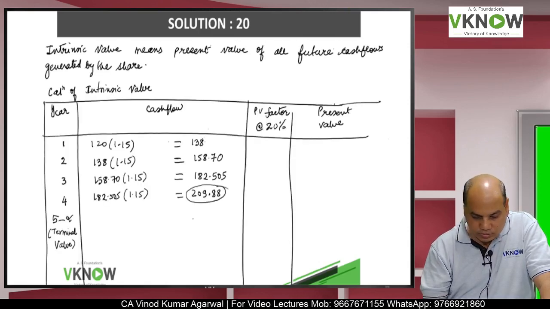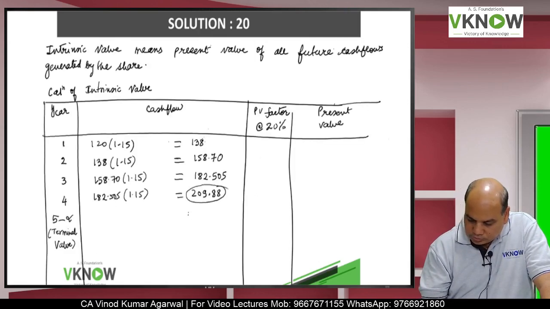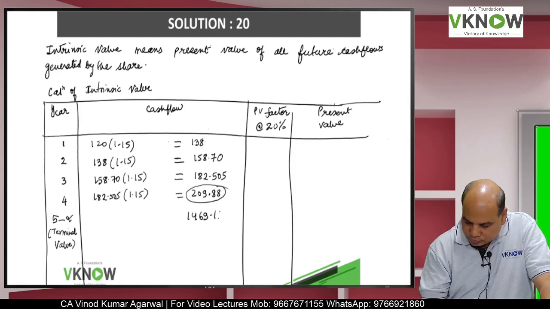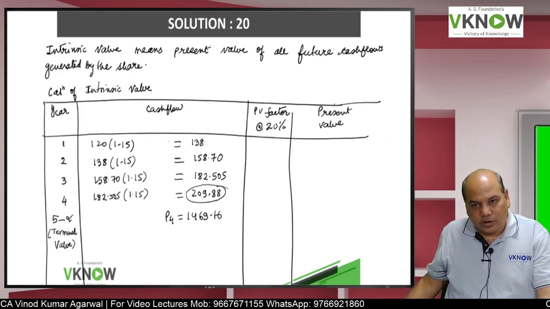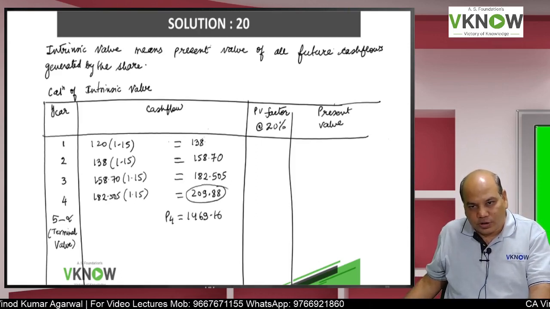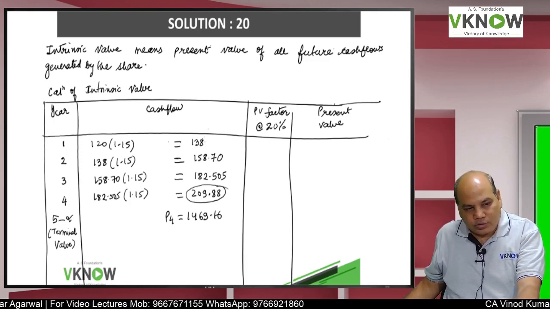So write here, how much was that figure? 1469.16. This is P4. This is not a dividend. This is the price of the share at the end of the fourth year. Understood?